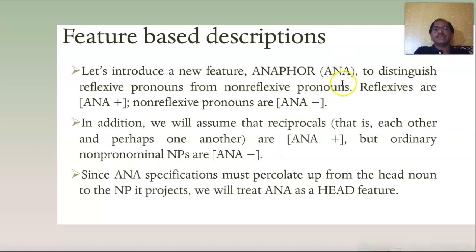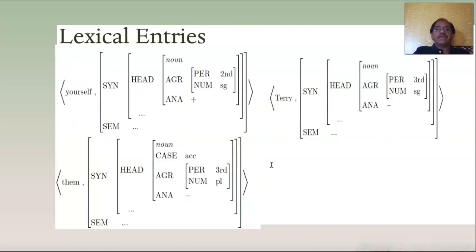And this anaphor feature should be part of the head feature, because that feature should percolate to the noun phrase. Only then we can have co-indexing properly. Then we have seen the lexical entries where the reflexives have anaphor plus and non-reflexives have anaphor minus.